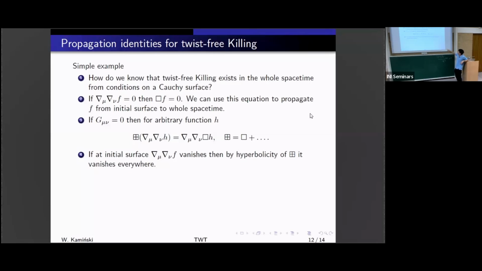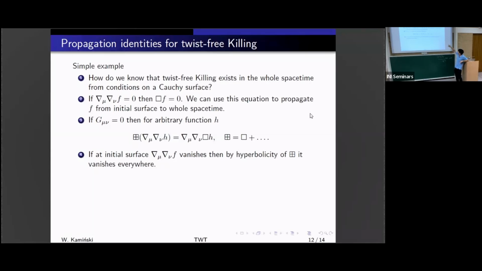So suppose that we are looking for the twist-free Killing vector. I hope that's the correct name. So the Killing vector that is given by the gradient of some function. Okay, so it needs to satisfy this formula, that the second derivative of this function is 0. And of course, if this condition is satisfied, f also satisfies the wave equation.